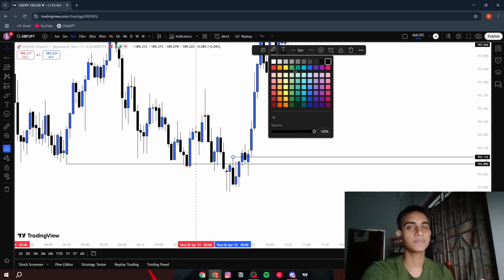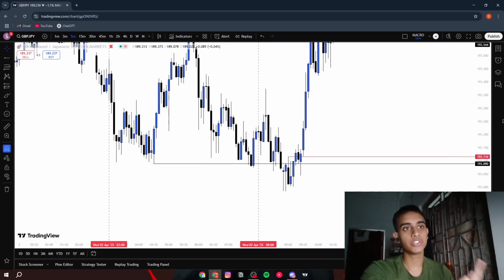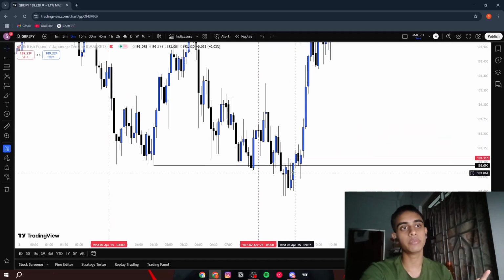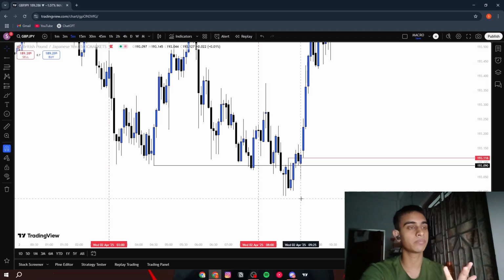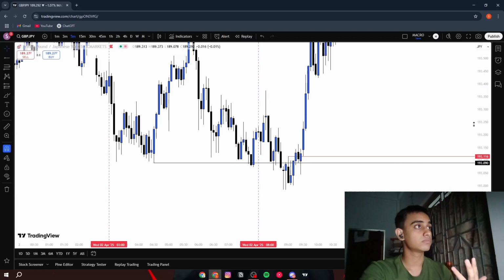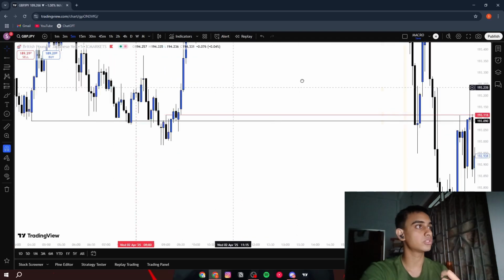Make it red. And after the trend shift, which is the 5 minute break of structure, I like to mark out the confluences, which are fair value gap, order block, breaker block, equilibrium. So let's just mark out those.